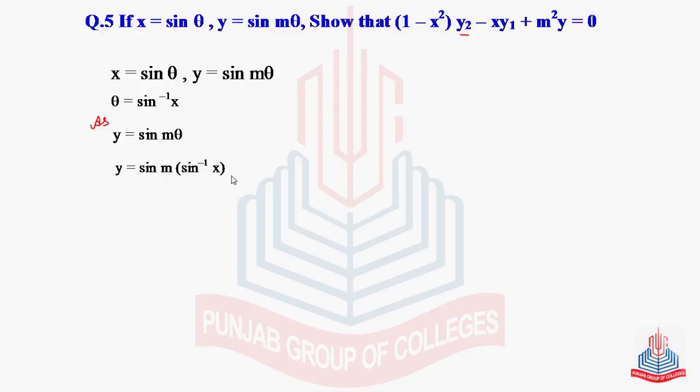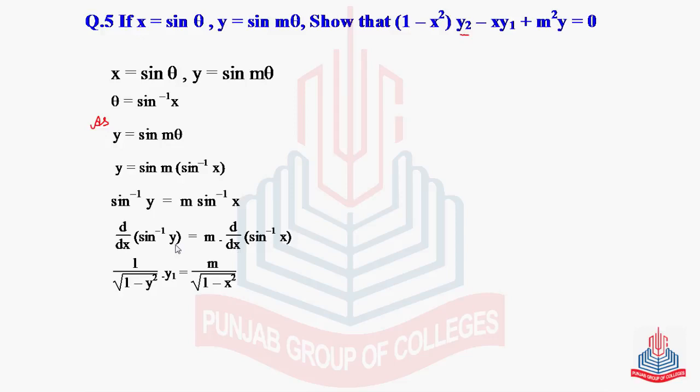We can easily differentiate two times. The sine shifted to the left hand side becomes sine inverse y, and on the right hand side m sine inverse x. To differentiate, applying derivative on both sides, the derivative of sine inverse y is 1 over under root 1 minus y square, as we have the formula of inverse trigonometric functions, which is in exercise 2.5.